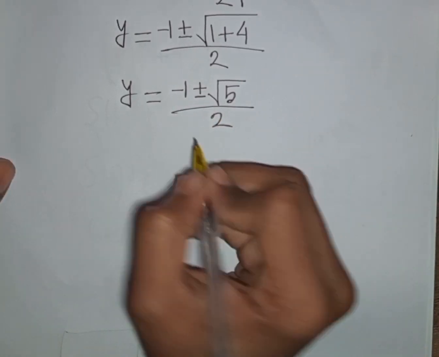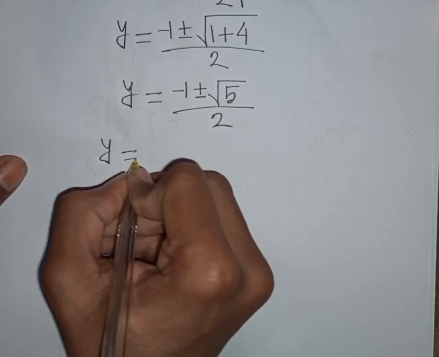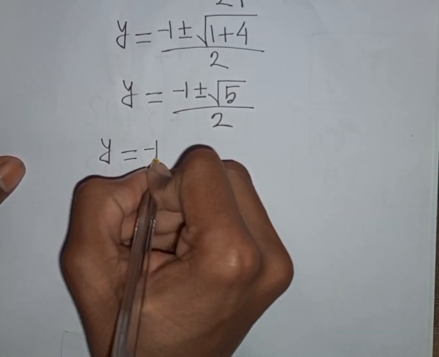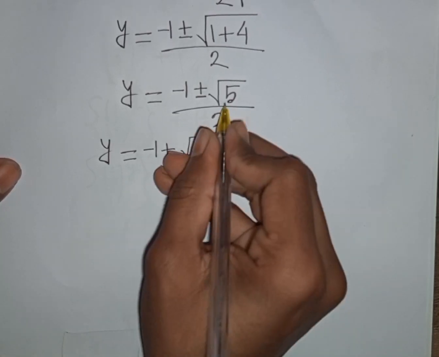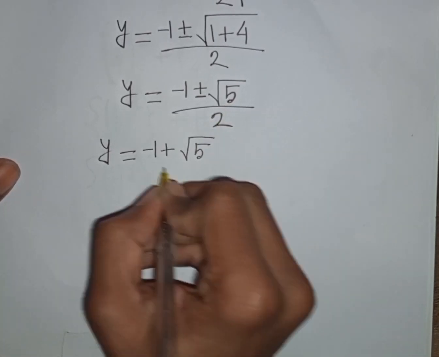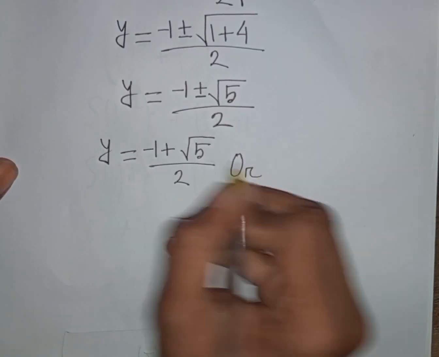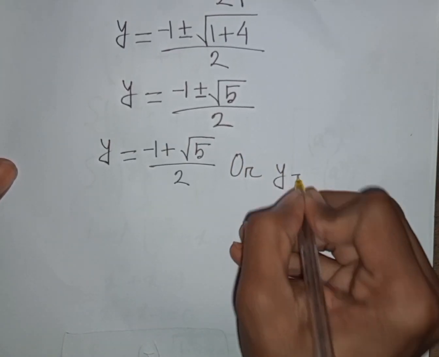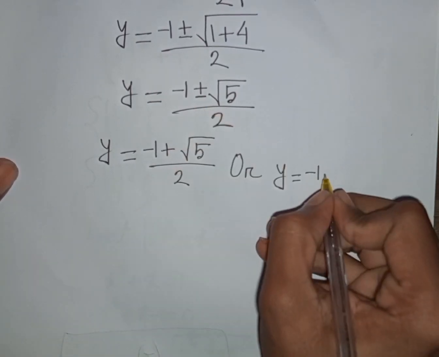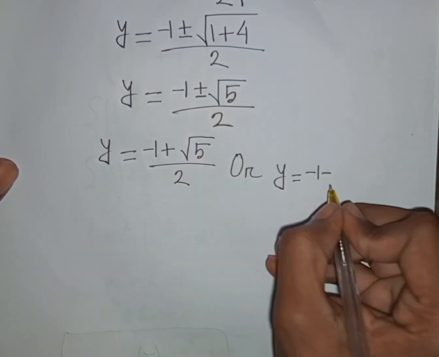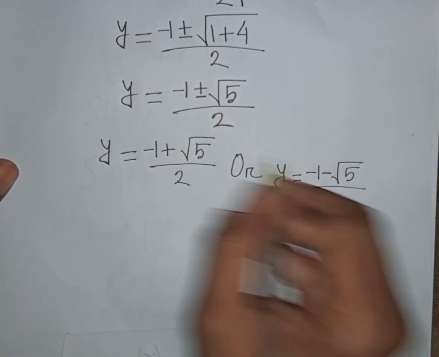Now we see two cases: y is equal to minus 1 plus square root of 5 divided by 2, or y is equal to minus 1 minus square root of 5 divided by 2.